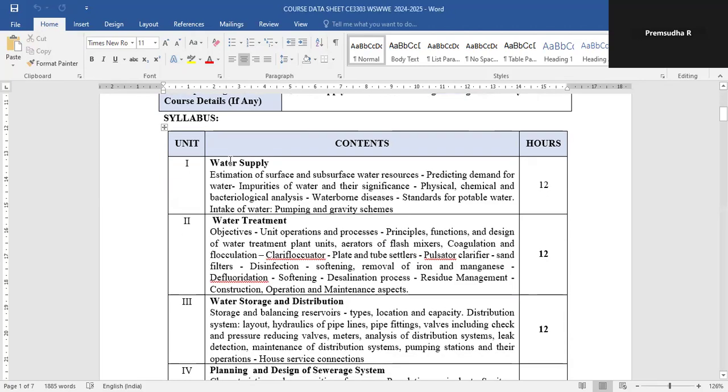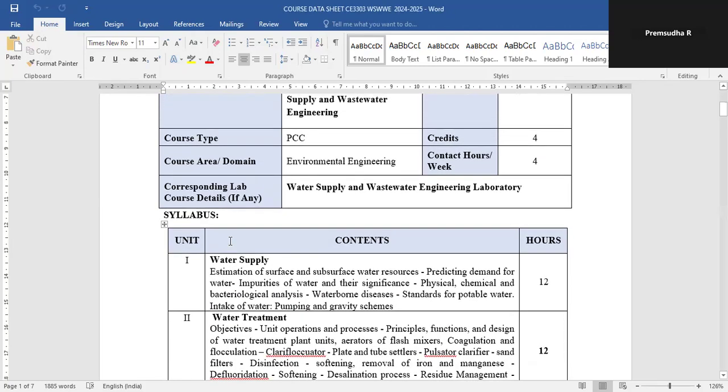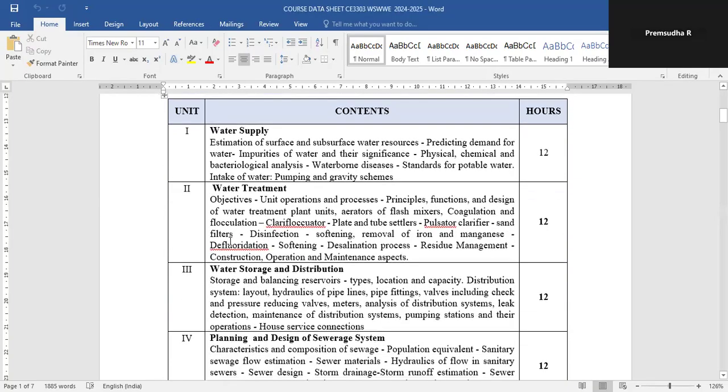In this subject, water supply and wastewater engineering, we are going to study how we are getting water and where we have to collect the water. After collection we have to treat the water before distribution. So in the first unit we are seeing about the water demand, where and how to collect the water, and what the characteristics of water are.